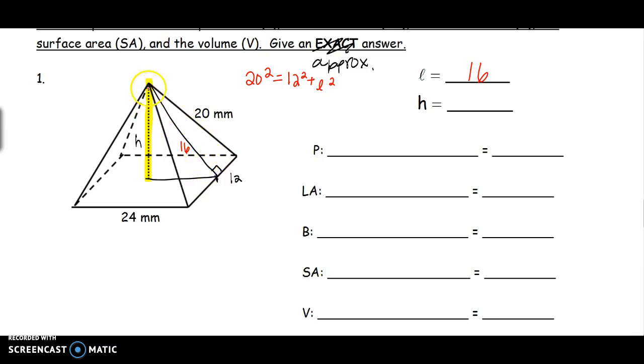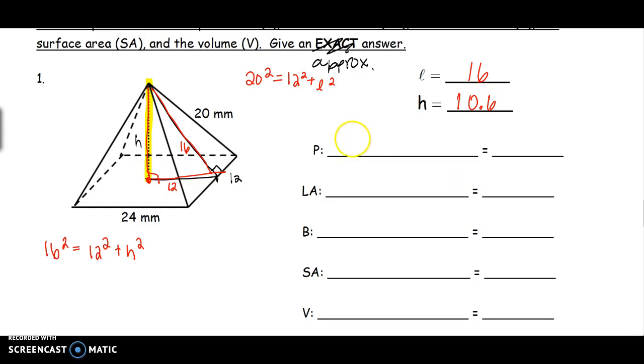To find our height, we're now going to look at this triangle here, including the slant height. So again, if this goes down to the center of that shape, that has a length of 12. So we're going to do Pythagorean theorem again, now looking for the actual height of the image, which in this case, our actual height is going to be 10.6.